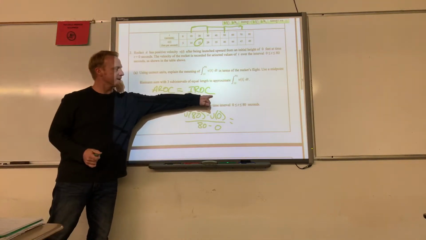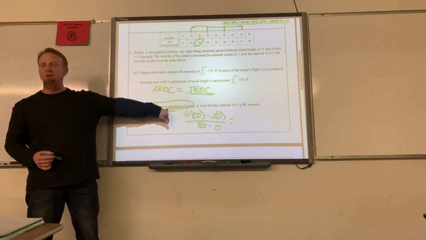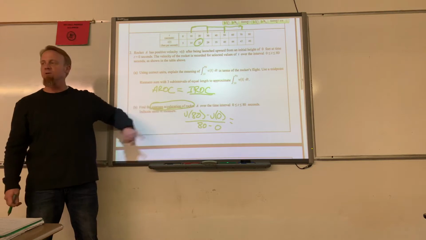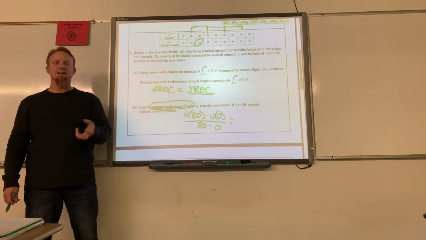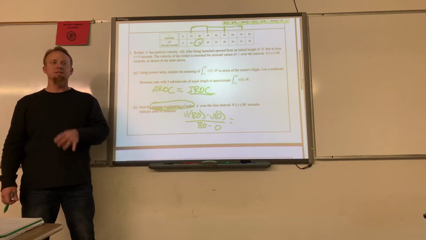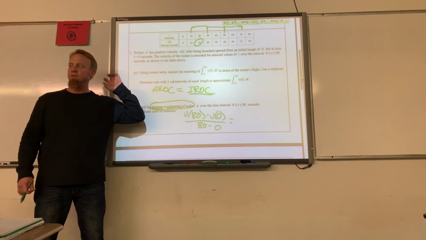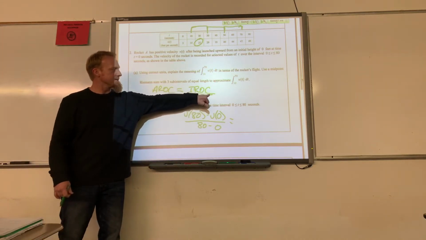If I wanted the instantaneous acceleration, I'm going to plug a time value into... Nope. If I want instantaneous velocity, where am I going to plug in? Velocity. If I want instantaneous acceleration, what am I going to plug into? Acceleration. So this right here is instantaneous.